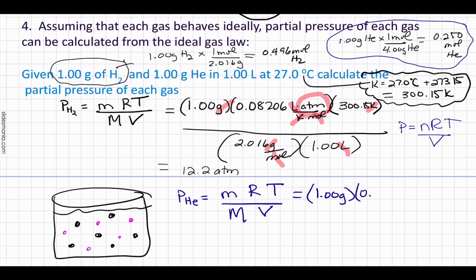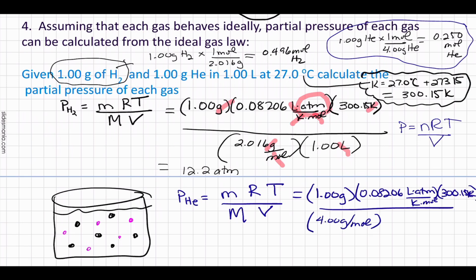I'm going to do my R. And my temp, still the same. Then I'm going to divide by 4, because that's the molar mass of helium, times 1 liter. And when I do that, I get 6.15 atm.